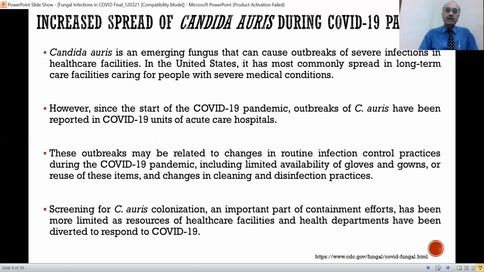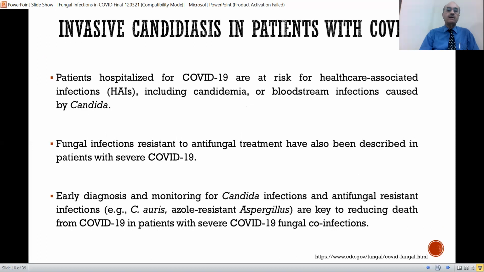This fungus is found on the sandy beaches of Andaman and Nicobar, and is now found to be affecting COVID-19 patients as well. Probably this is due to the changing infection control practices during the COVID-19 pandemic, including the limited availability of gloves and gowns. So we must always be aware to look for these infections as well in COVID-19 patients.